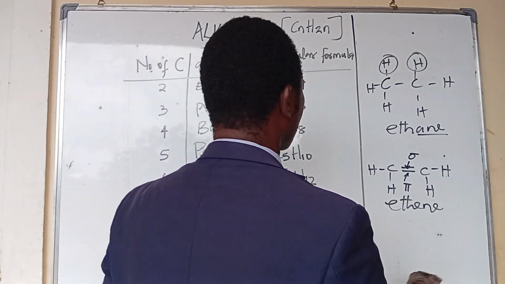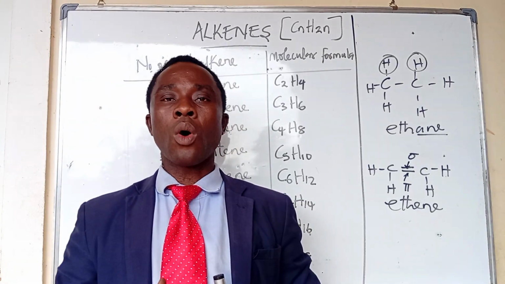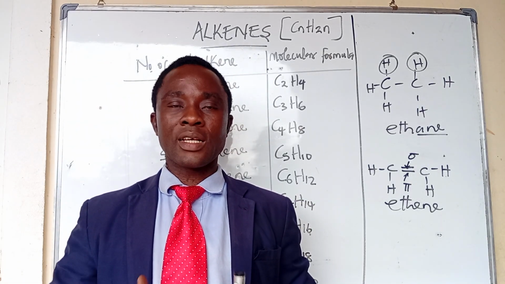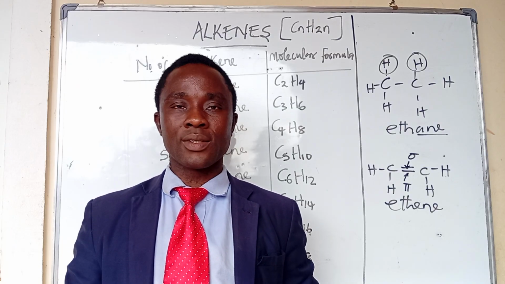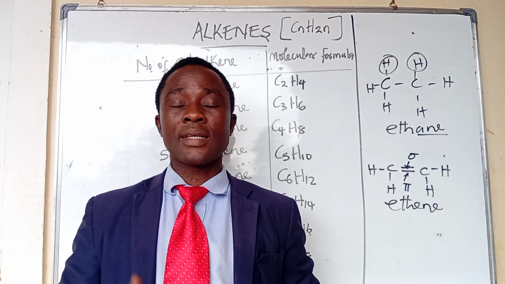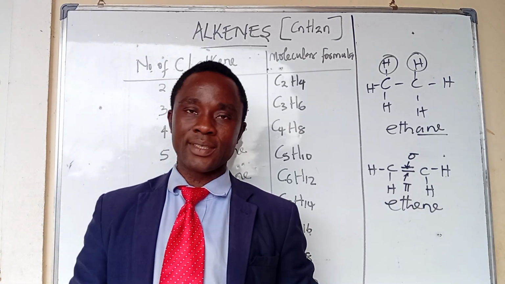Now, having seen this, we must therefore say that alkenes are unsaturated hydrocarbons with a double bond. As the number of carbon atoms increases, their molecular weight increases. As the number of carbon atoms increases, their solubility decreases.